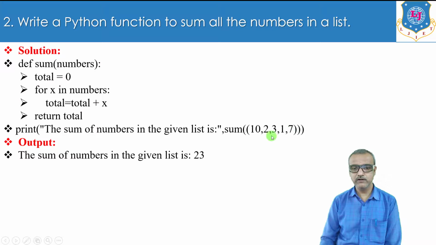So it will just add all these numbers. 10 plus 2, 12; 12 plus 3, 15; 15 plus 1, 16; 16 plus 7, 23. So what will be the output in this case? The output is: the sum of numbers in the given list is 23.